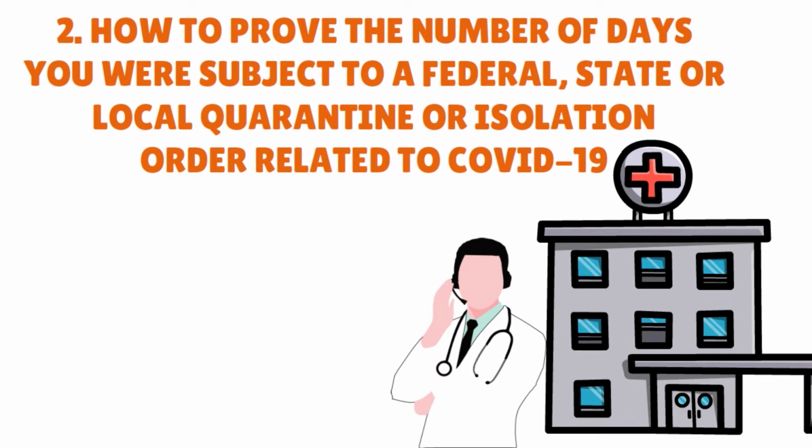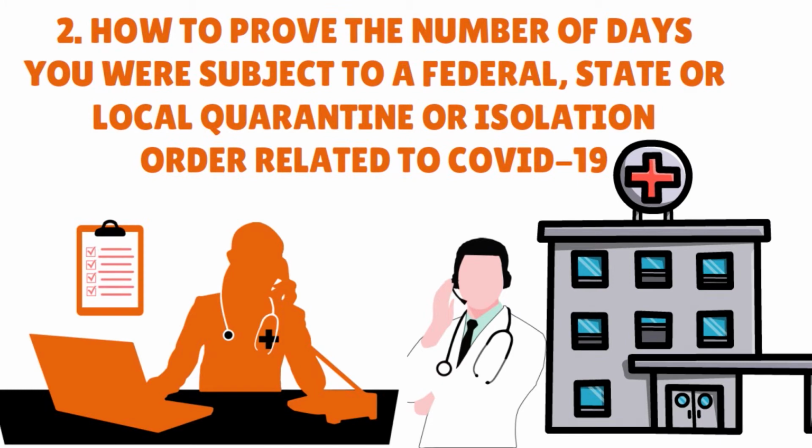You can contact your city mayor's office, your state or city's archives office, or the United States National Archives and Records Administration. You can even go on social media to see if there are any releases. The bottom line is that anything you can provide to the IRS that shows an official announcement about the COVID-19 order, you should be fine.